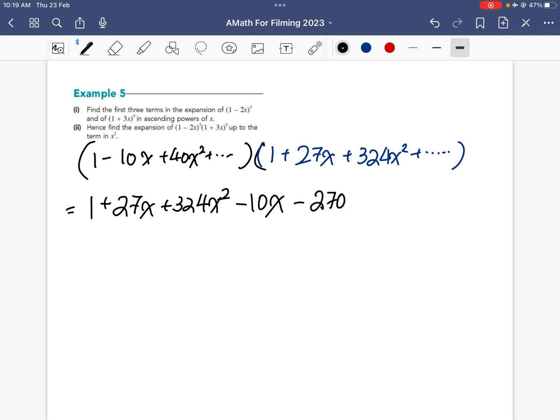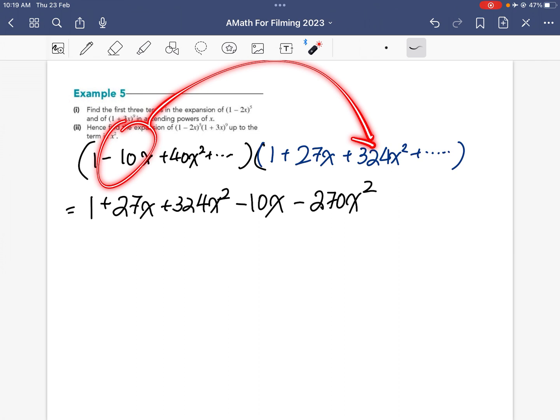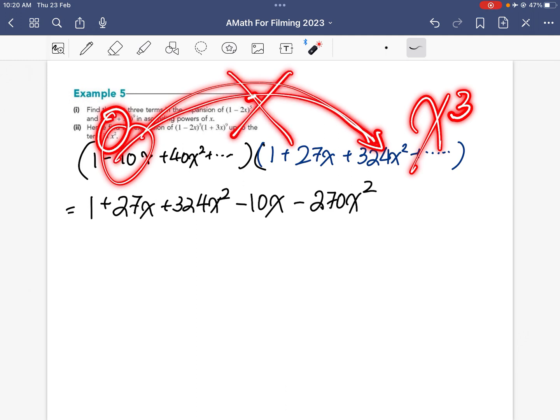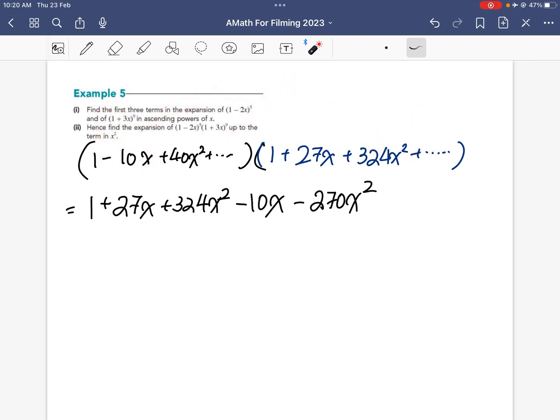Until the term in x squared, we still require that. It's good. Now, negative 10x times 81x squared will give you a term in x cubed. So, do we need this term? Notice that the question only says we want up to the term in x squared. So this multiplication here is not required, and we just leave it alone.